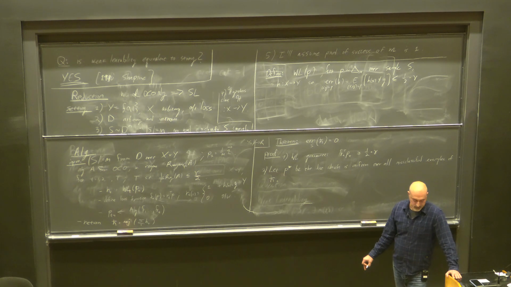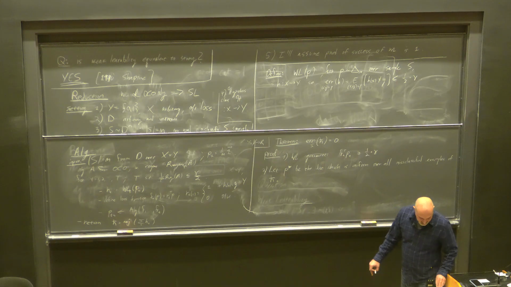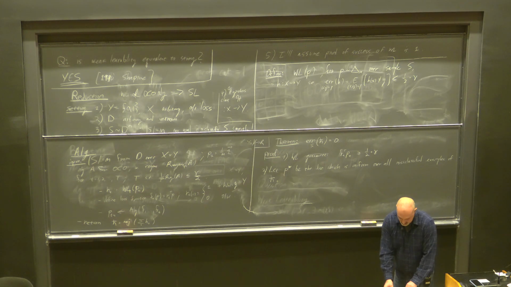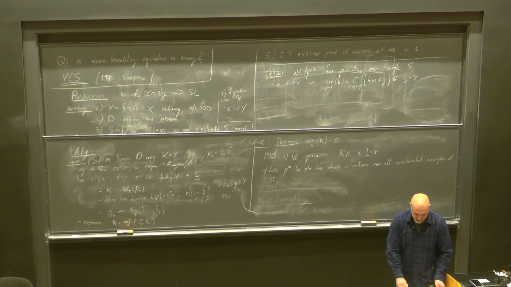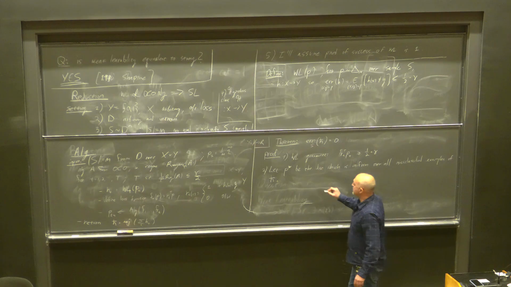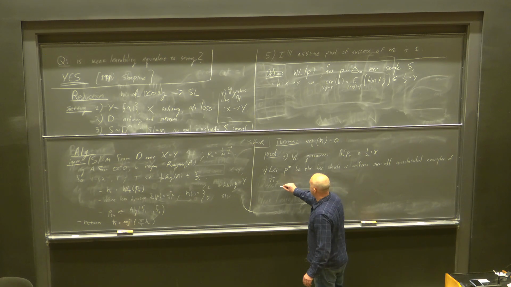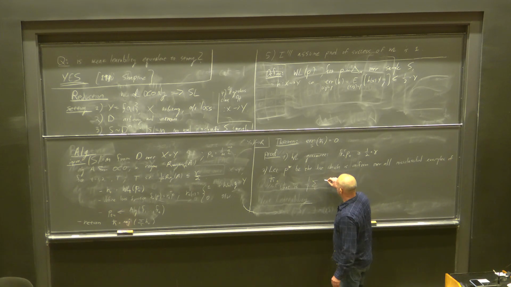Okay? Now I can ask, what is the value of this P star? What is the summation over t, if I want 1 over T, of R_t transpose P star? What can I say about this?